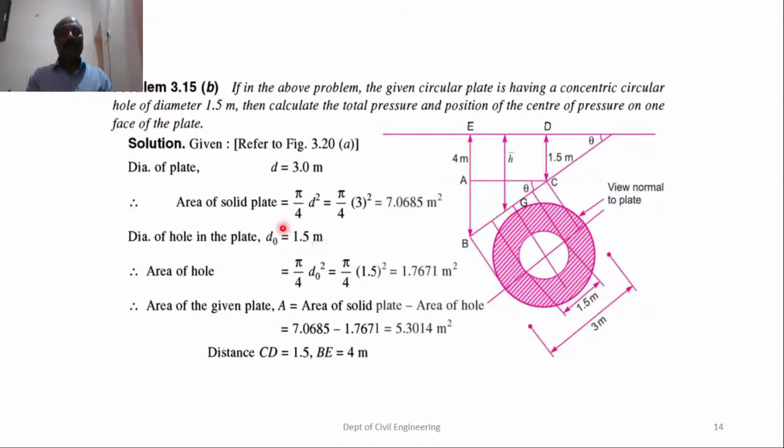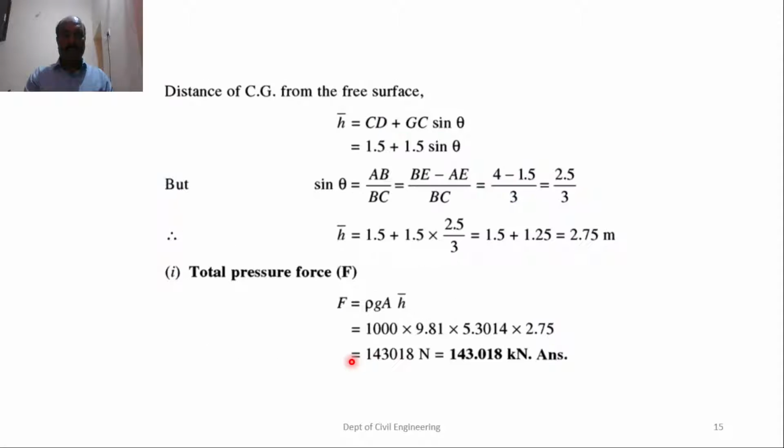Diameter of the hole is 1.5, so the area of the hole is this much, and the area of the given plate is this. Distance CD is 1.5 meter, then B is 4 meter. The only thing is, the remaining will be the same as the above example.